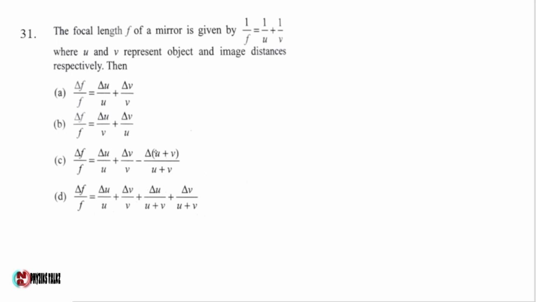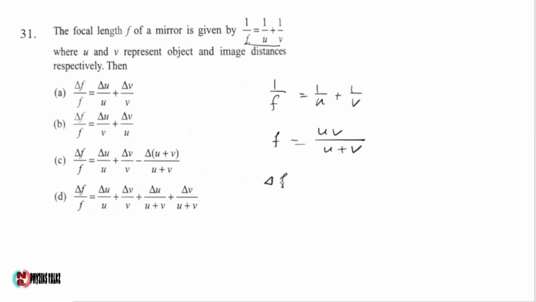Next question, the focal length of a mirror is given by this formula. Now which is the correct one? Now 1 by f is given as 1 by u plus 1 by v, or f equals uv by u plus v.